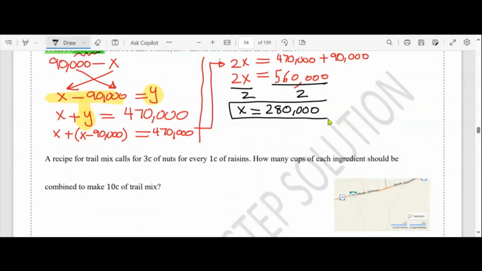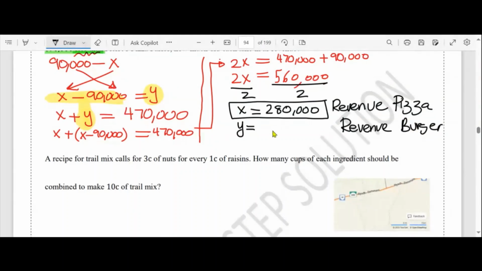So how much did the pizza make in revenue? For the pizza, they make this amount, 280. What about the burger? Revenue for the burger. It's going to be x minus 90,000, right?